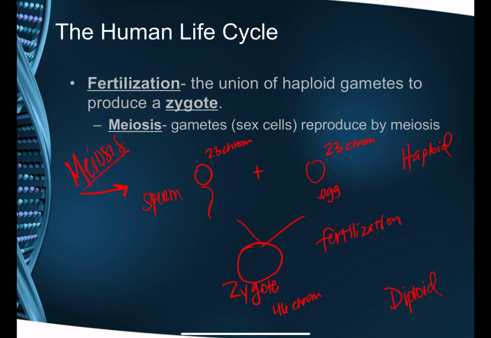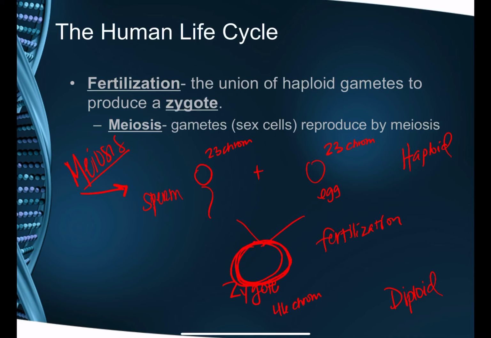And you continue to make more by meiosis beginning in puberty and through childbearing age, the reproductive years. And then this zygote, once the sperm and the egg meet, makes one cell.